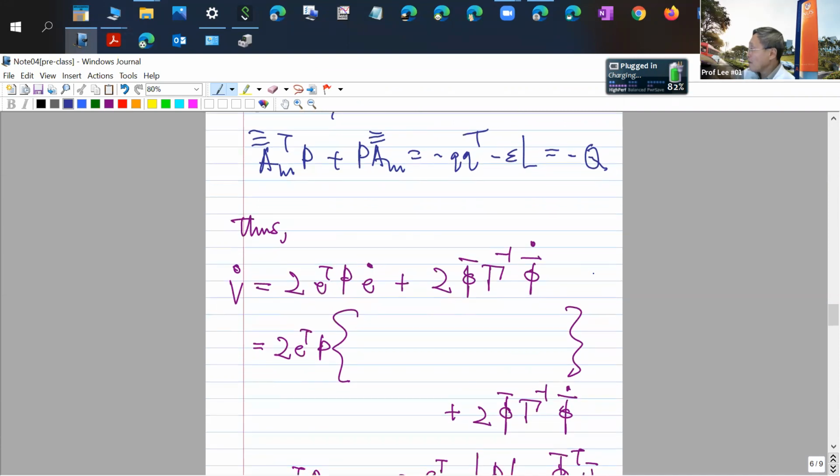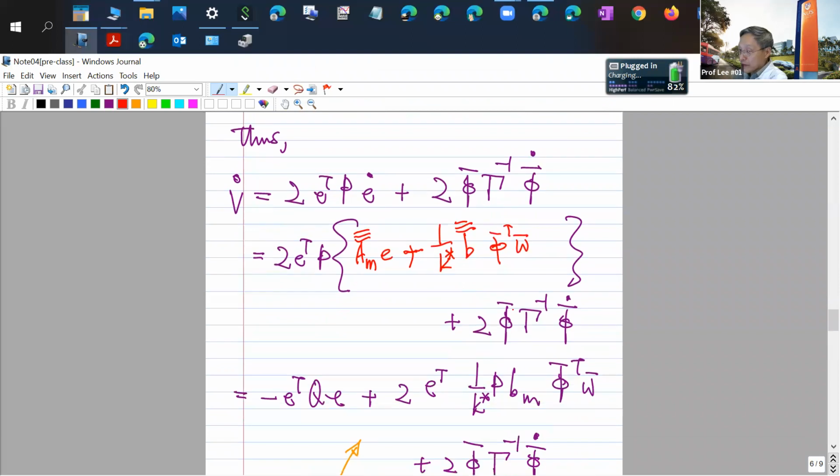So as before, I do the same thing. I substitute those things in carefully into the error equation. This will now be AM triple bar E plus 1 over K star, B triple bar, V bar transpose omega bar, and of course the rest of the terms.